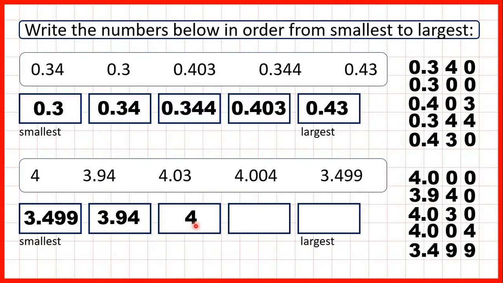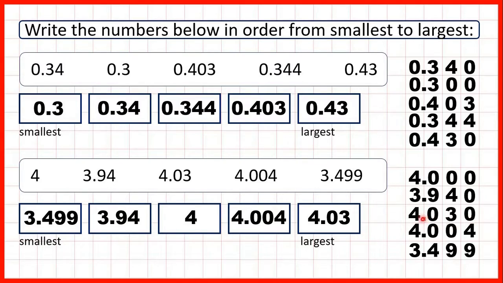Then we have the number 4, which if we ignored the decimal point would be 4,000. Then we have 4.004, because if we ignored the decimal point, that would be 4004. And then our largest decimal is 4.03, because if we ignore the decimal point, that's like 4030.